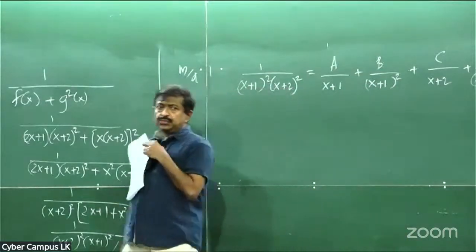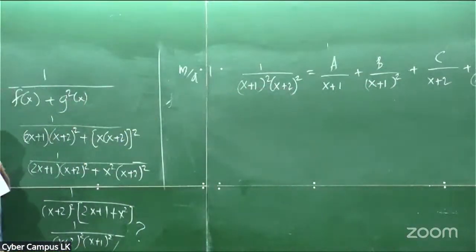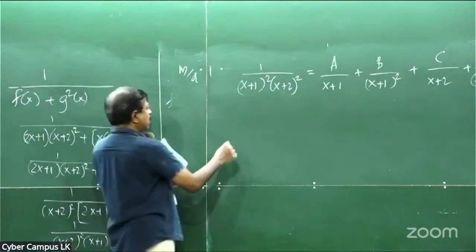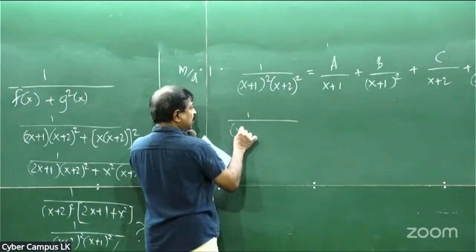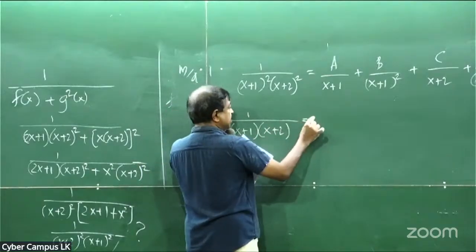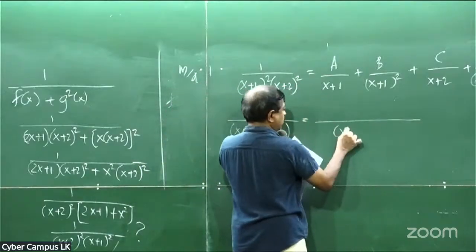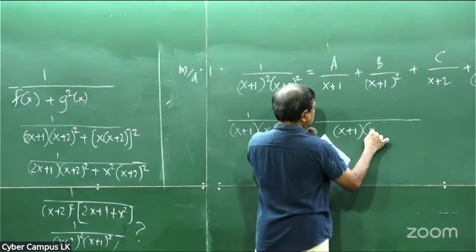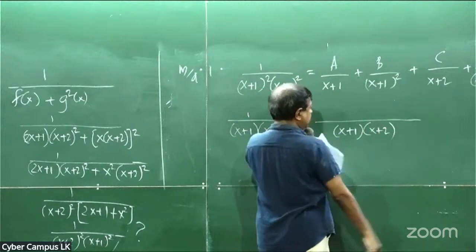Then you have to find 4 constants. But there's another way of doing it. Without finding even one constant, you can obtain the partial fractions of this. This is a shortcut.